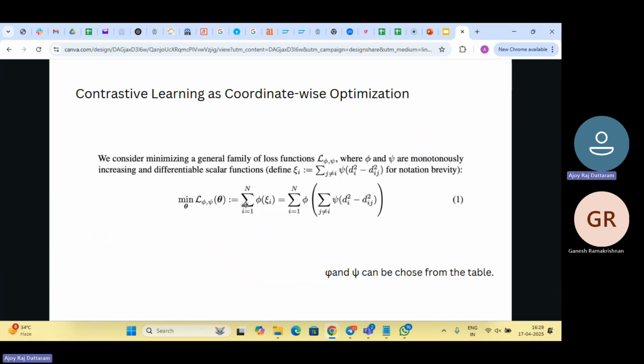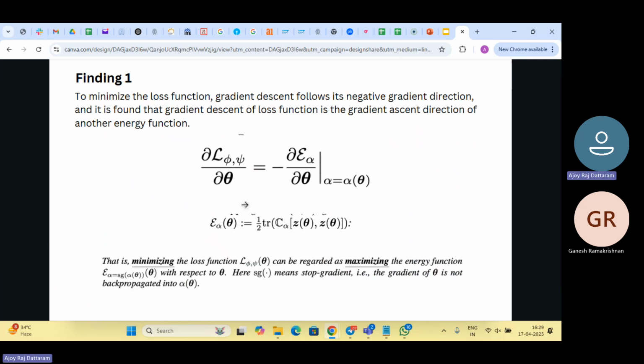So this is the general loss function of contrastive loss. From the table itself, we can take the phi and the psi value and form a contrastive loss function here. The finding the author proposed is that there is an energy function, defined as the trace of the contrastive covariance matrix, and after doing the mathematical derivatives, the derivative of the loss function with respect to the parameters of the model is the same as the negative.